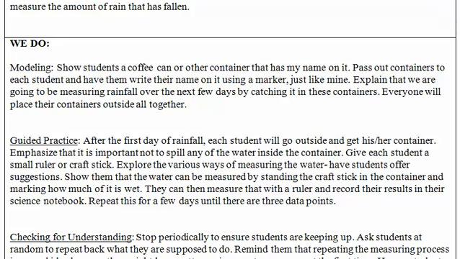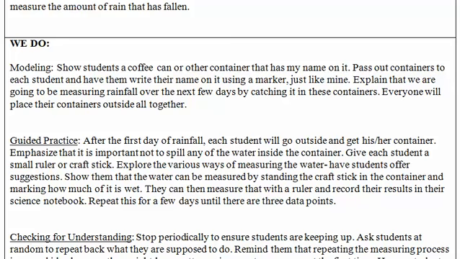After a night of rain or a day of rain, the next day the students will take the water with the container inside and very carefully, not spilling any of it, measure how much is in it. And so obviously this will depend on if there was a lot of rain or a little rain, if they will use centimeters, inches, what have you.